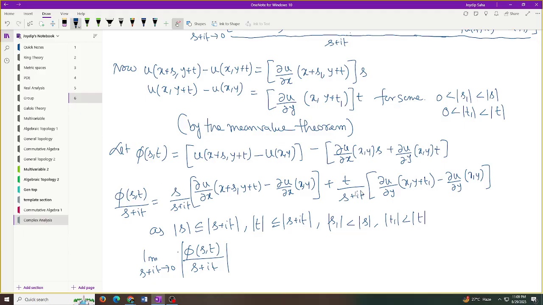Just take modulus and now use that the partial derivatives are continuous.